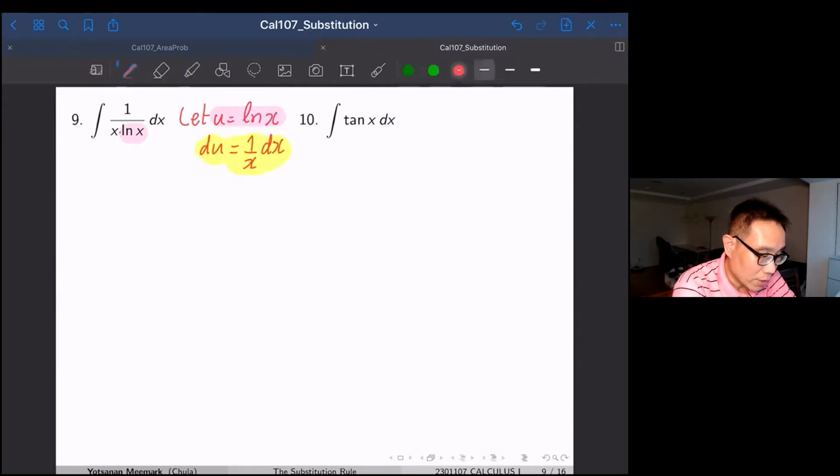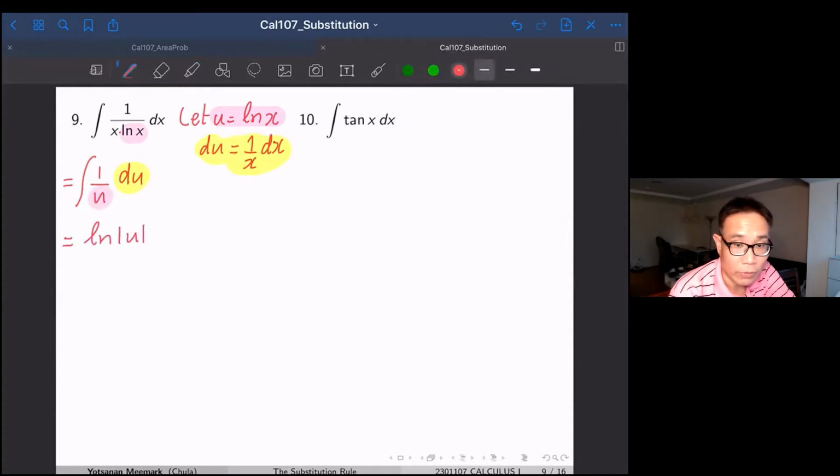So in this case, you would get the integral of 1 over u, and dx over x turns out to be du. So it's going to be du, and this one will be 1 over u. So you would get log absolute u. Don't forget to add c.